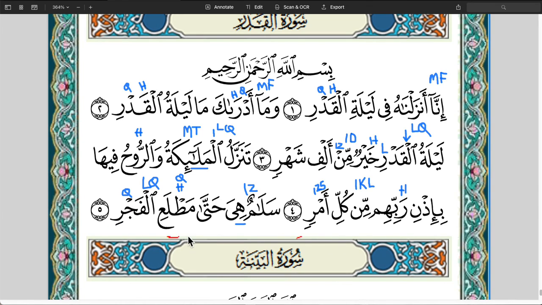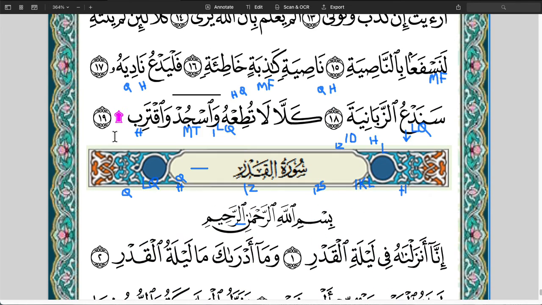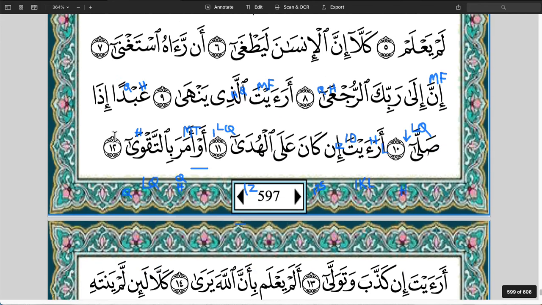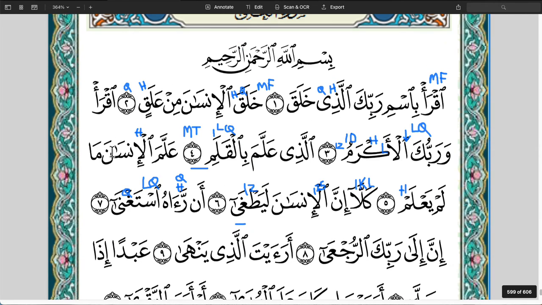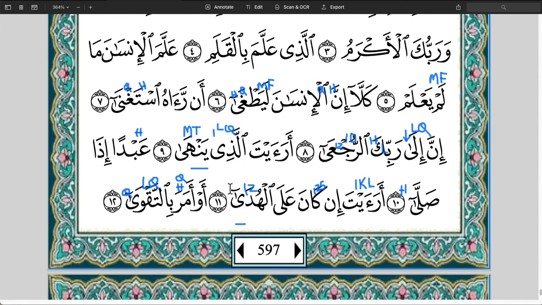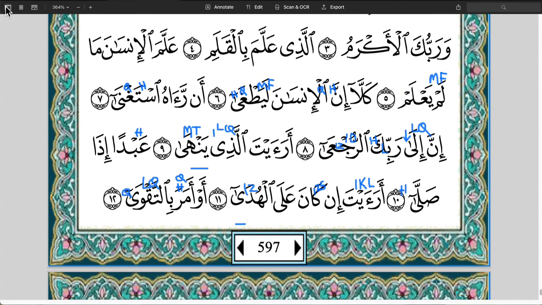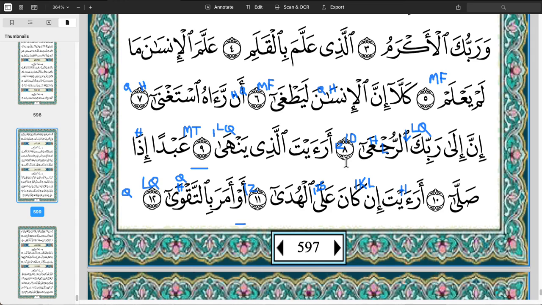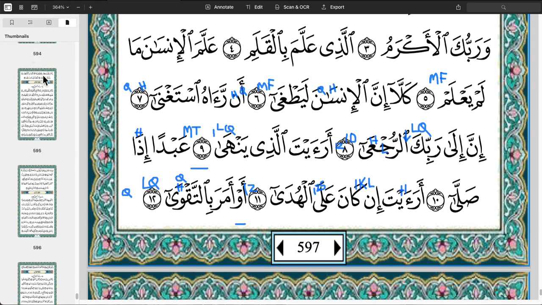So try to do that for at least the next surah, inshallah. That will be Surah Iqra. We have a lot of qalqala at the end. Let's see Surah Fatiha so that we can apply the Aridh liSukoon, inshallah.